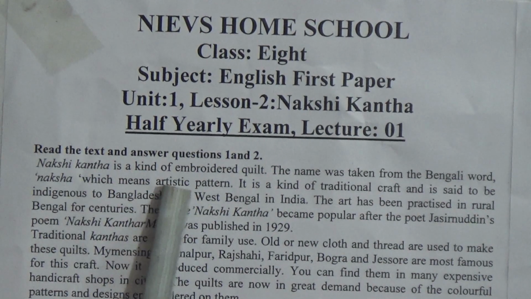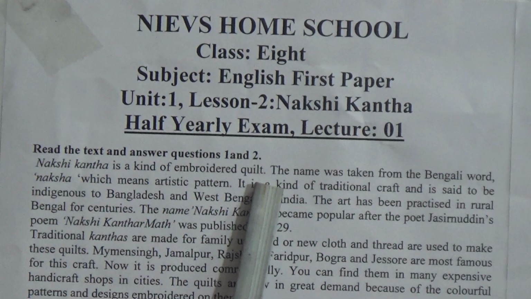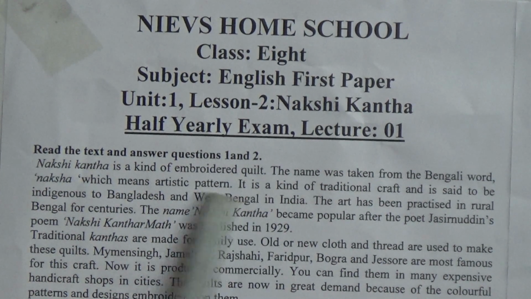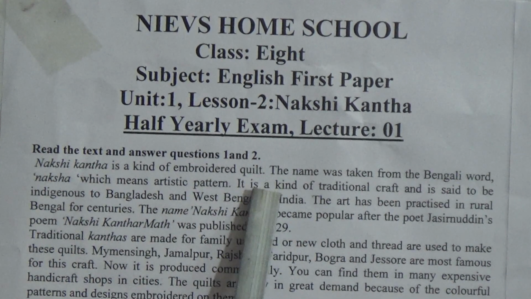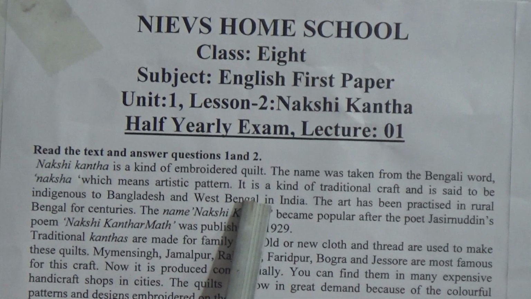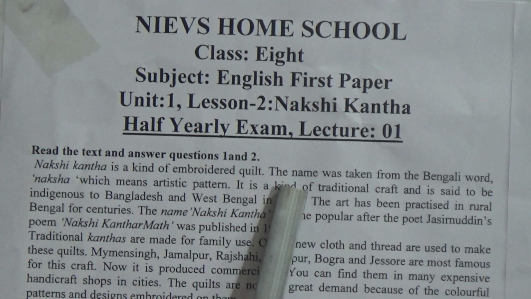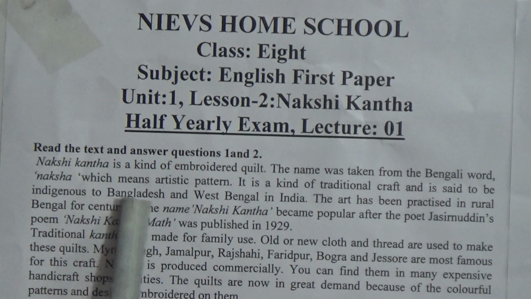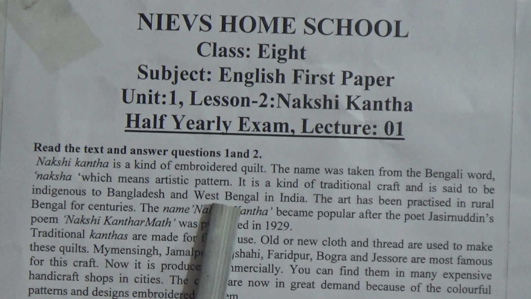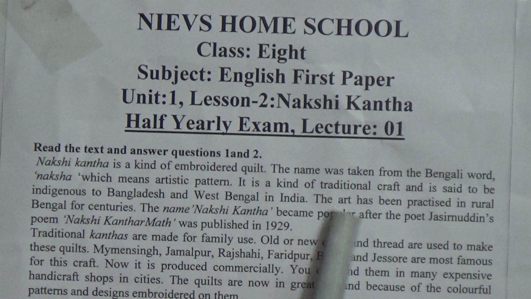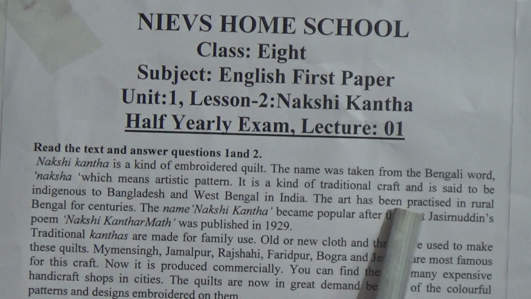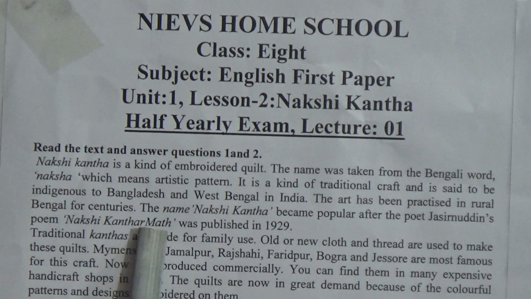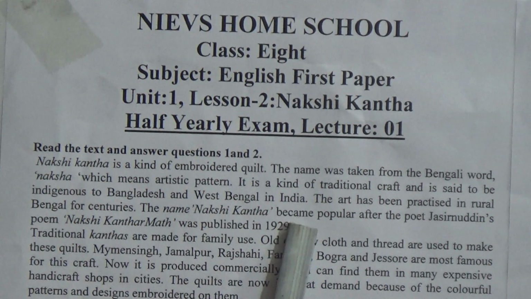Nokshikata is a kind of embroidered quilt. Embroidered means decorated with patterns, sewn with thread, and quilt means cloth. The name was taken from the Bengali word Noksha, which means artistic pattern. It is a kind of traditional craft and is said to be indigenous to Bangladesh and West Bengal in India.